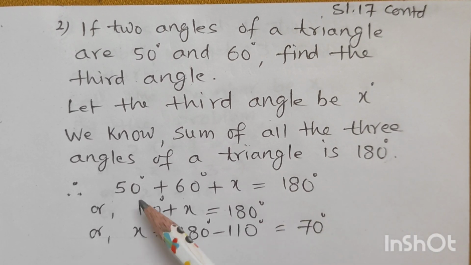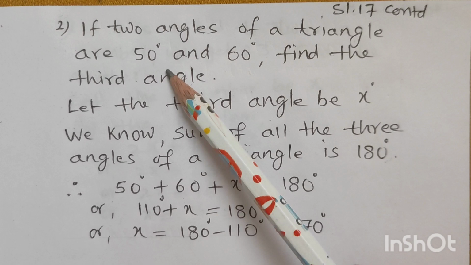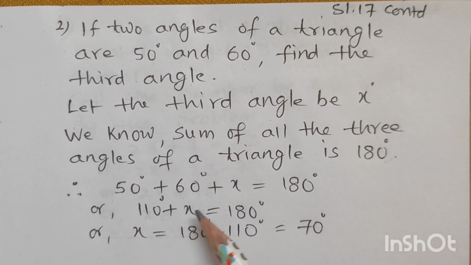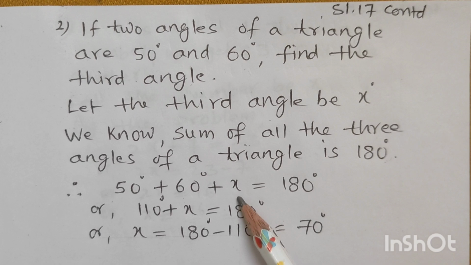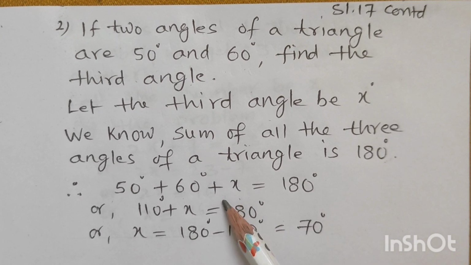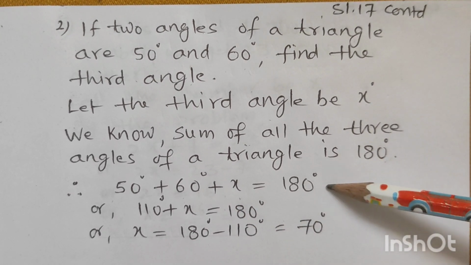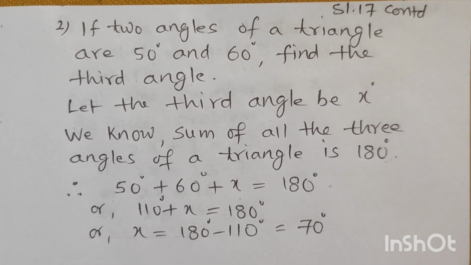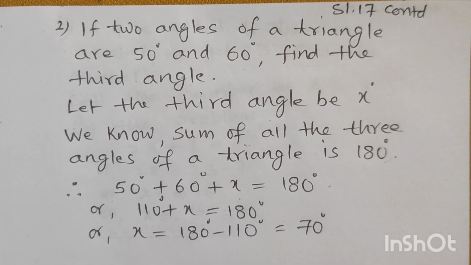So we write two angles are 50 degree and 60 degree which are known. So 50 plus 60 and this third angle x. Sum of these should give 180. So this is the equation which we have formed. Simplifying this, we get x is equal to 70 degree. So the third angle is 70 degree.